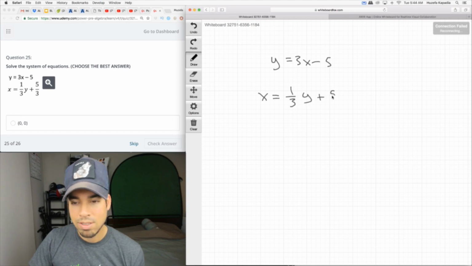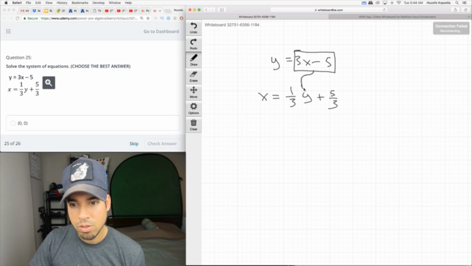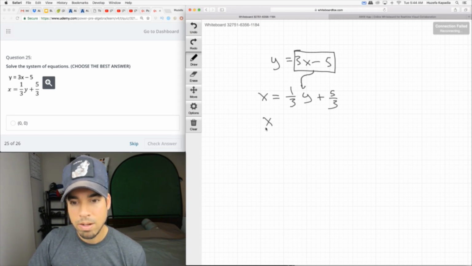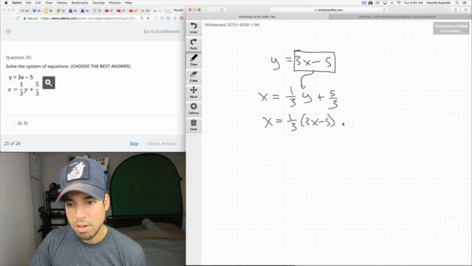This is called substitution. I see that y equals this, so I'm going to replace the y down here with this because I'm trying to find the one point where these two are equivalent. This is totally allowed. So I'm replacing the y with 3x minus 5.